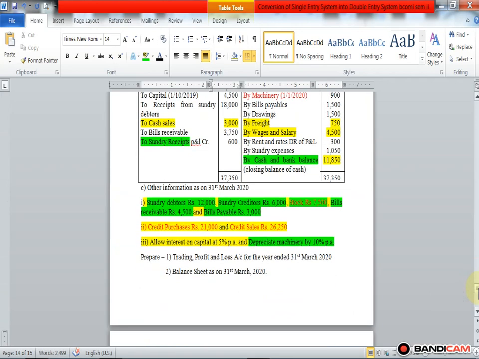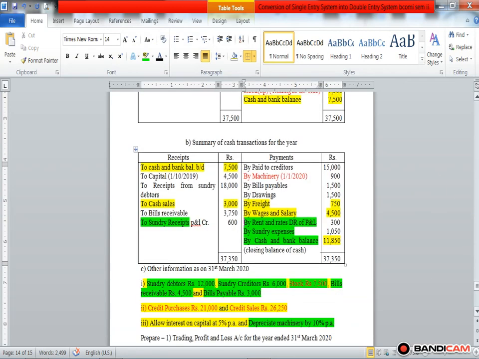Now only drawings are remaining. All are transferred to the respective accounts, only drawings and additional capital remain. Additional capital is added to opening capital and drawings are deducted from capital.